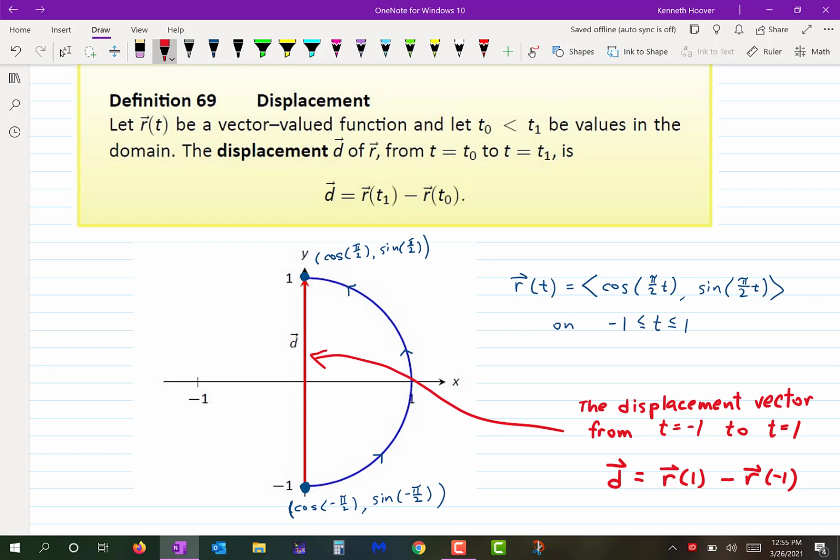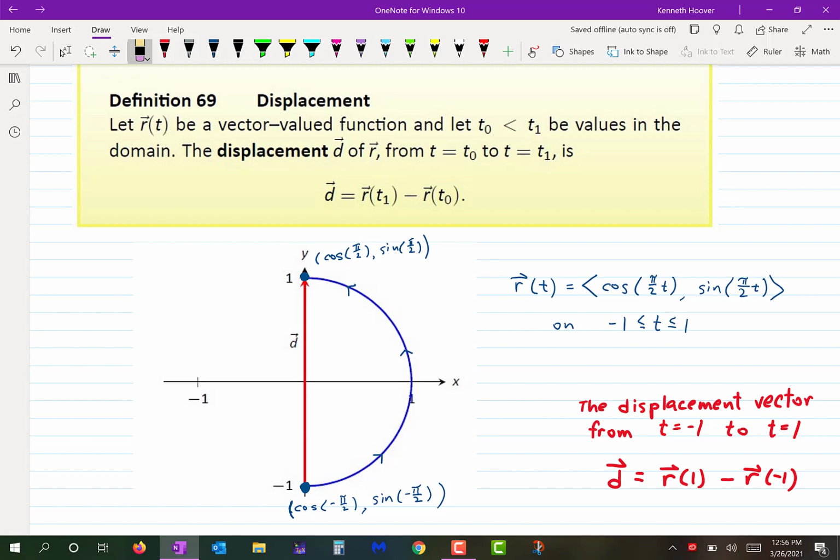And where is this going to come into play? Well, it comes in a lot when you're doing physics and you're tracing out a particle. Let's pretend that the particle is whizzing around the paper, and its path is described by this function. Then the particle will follow the blue semicircle. But a lot of times, all you care about is how far away the particle is at the end from where it started.